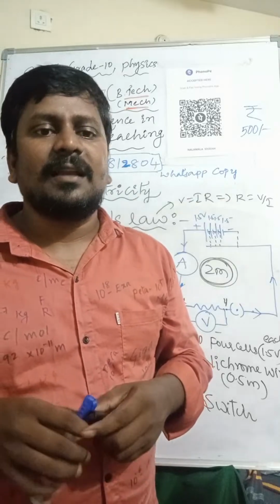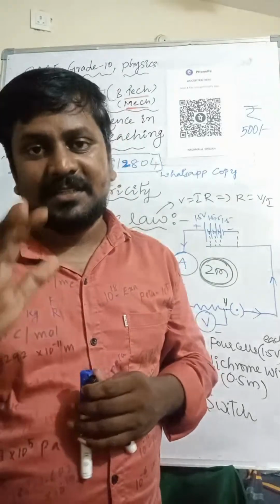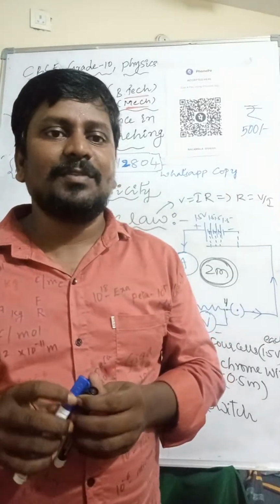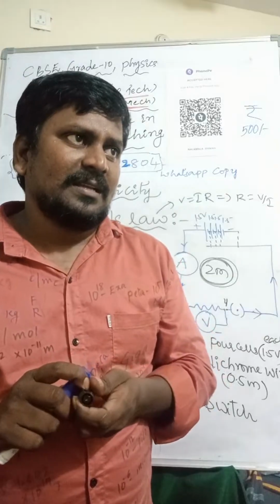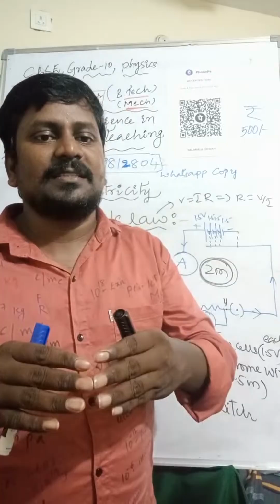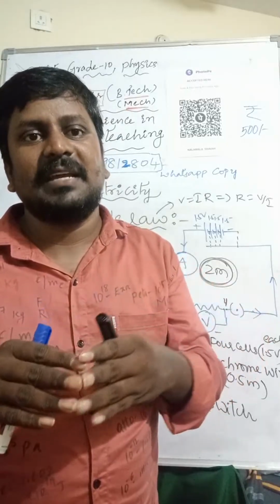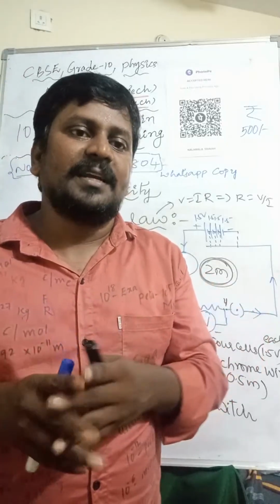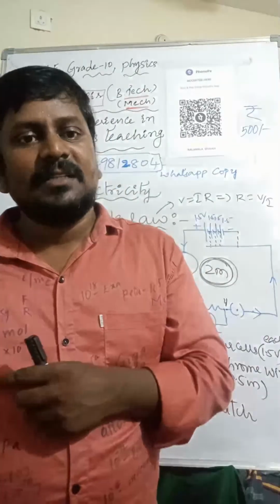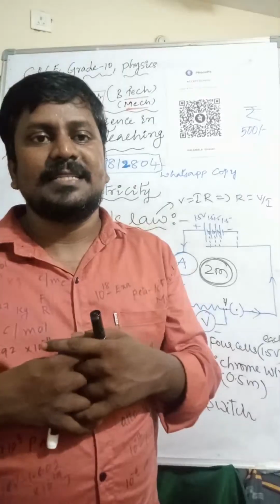The temperature must be constant. If the temperature is constant, only then will Ohm's law be followed. And one more thing, the physical conditions: the material we are considering is nichrome wire, and if the material changes, again the resistance will change.